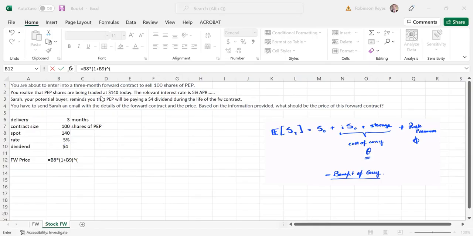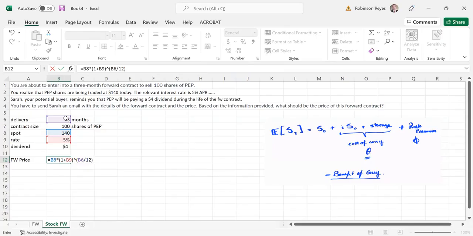It's a quarter, right? We can do it in a couple of ways. We can do 3 divided by 12. We can do 90 divided by 360, right? We can do 0.25 directly, right? But long story short, because we already have 3 months here, we can say 3 divided by 12. We are raising to the power of 0.25.